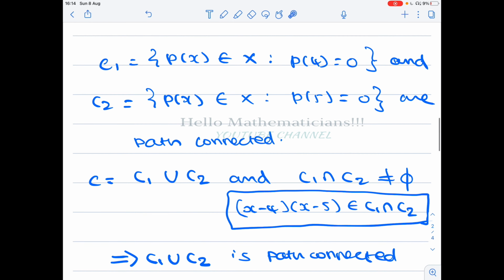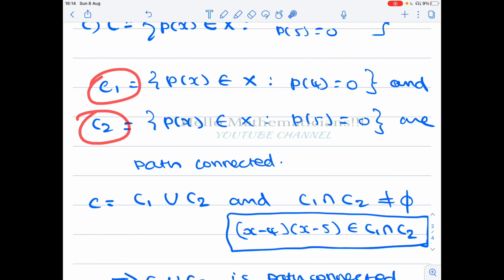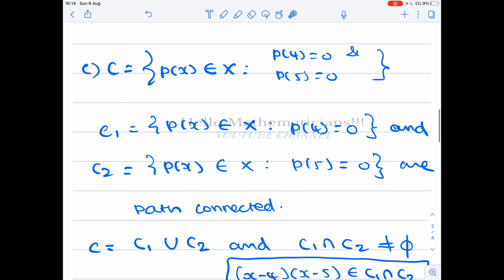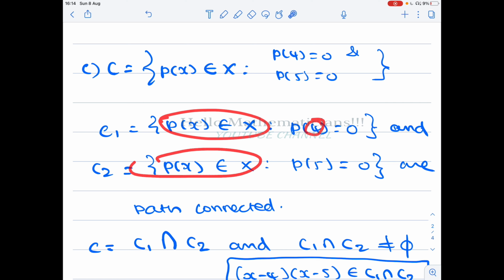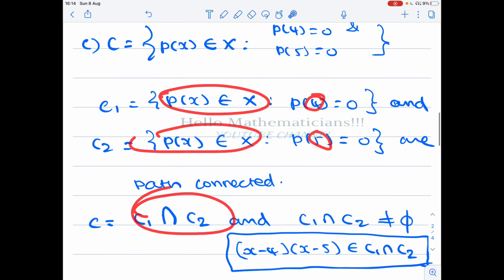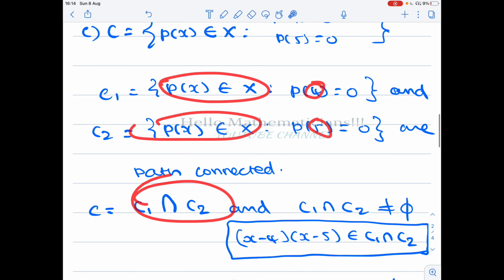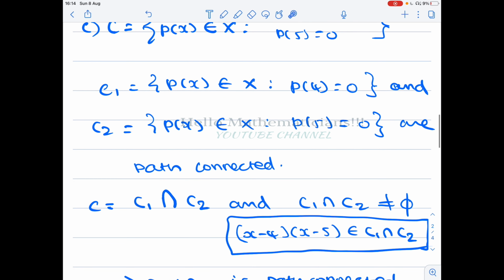So this is path connected, this is path connected, and if you take the union, sorry, not union, you should take the intersection. Here the polynomials vanish at 4, here polynomials vanish at 5. If you take the intersection, the polynomials will vanish at both 4 and 5.